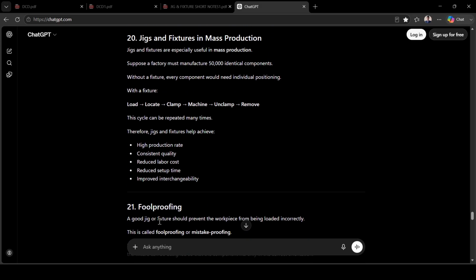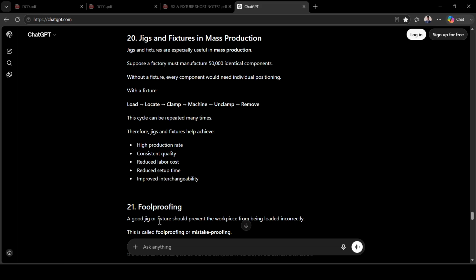Jigs and fixtures in mass production. Jigs and fixtures are especially useful in mass production. Suppose a factory must manufacture 50,000 identical components. Without a fixture, every component would need individual positioning.